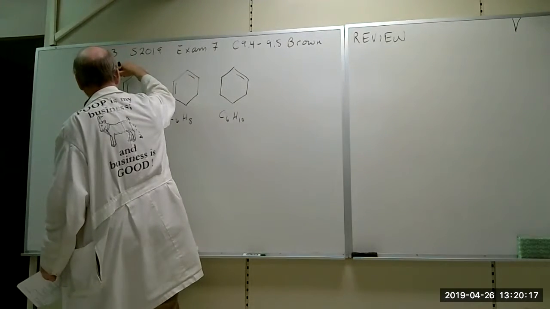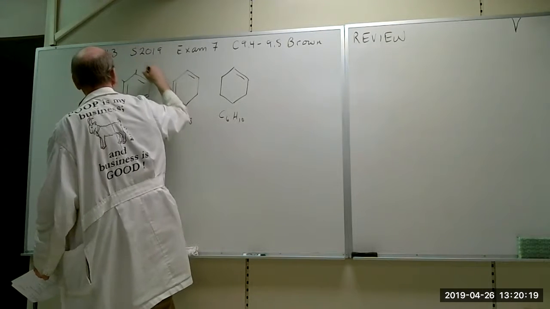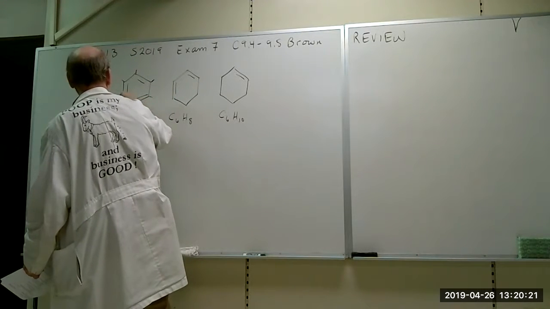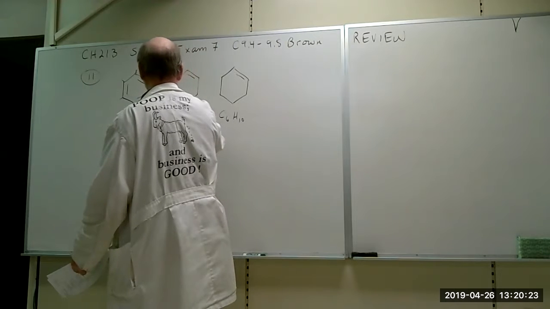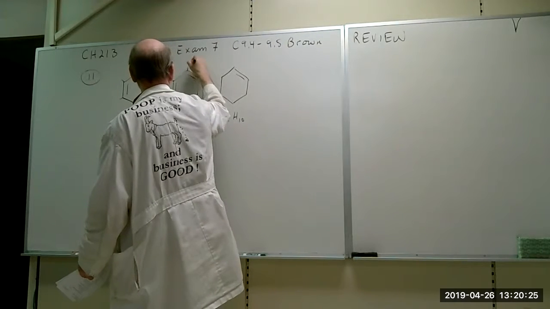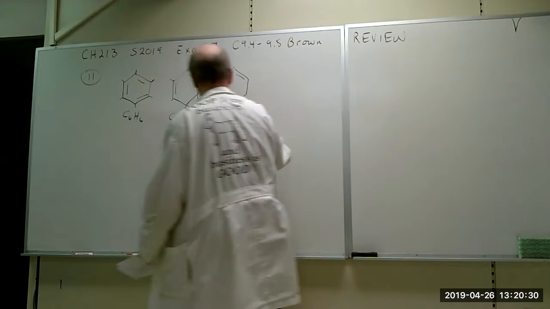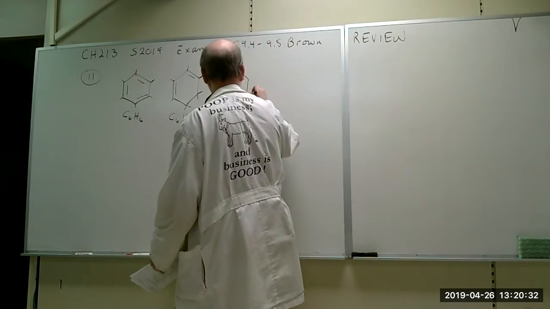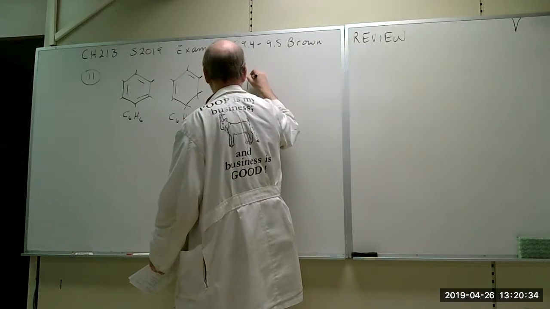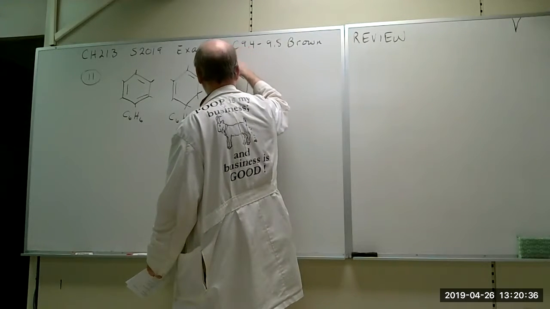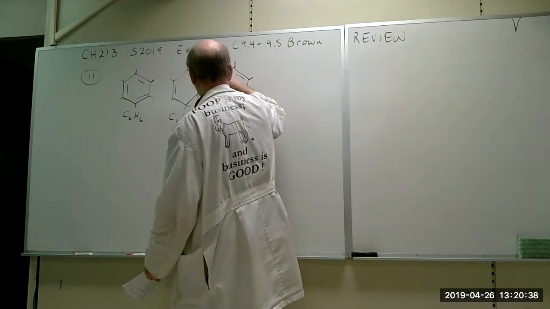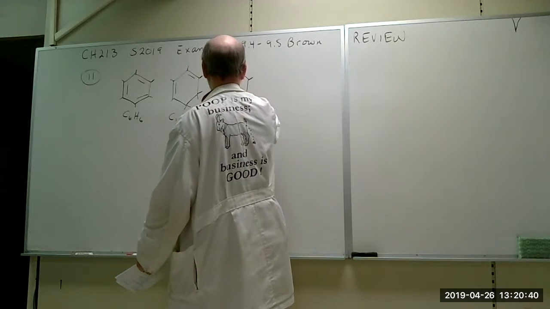Okay, so knowing what we know, each one of these has a hydrogen on it. That one has 1, 2, 3, 4. This has 2. This has 2. This has 2, 2, 1, 2, 3, 4. There, there, there, there. 2, 4, 6, 8, 10.